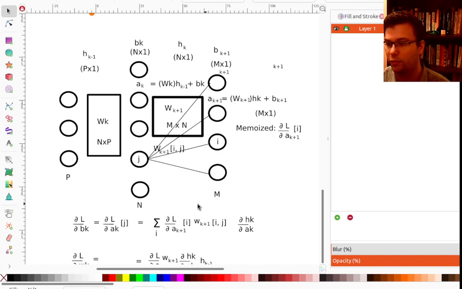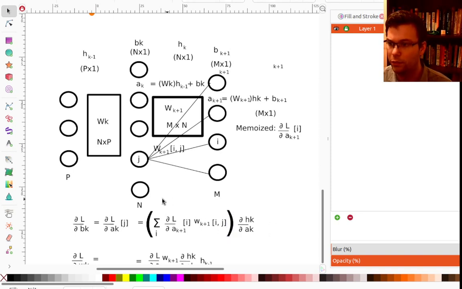Whatever the derivative was with respect to the ith component of a_i, I multiply that by the weight from j to i, and I vary i and sum them all together. Let me put this in parentheses. I'm almost finished with this.